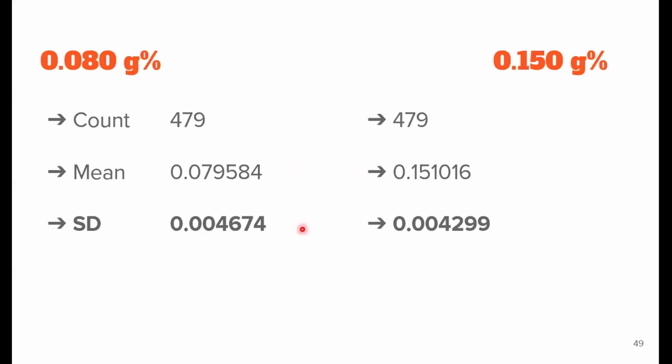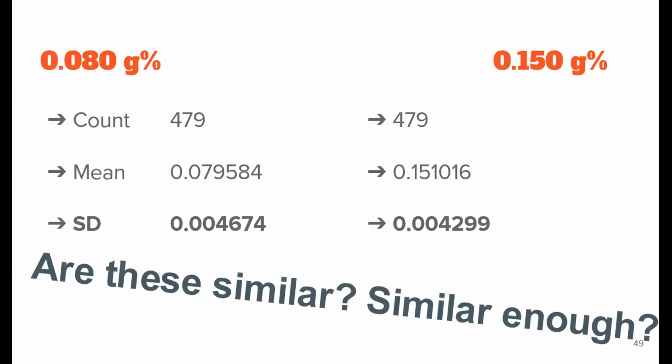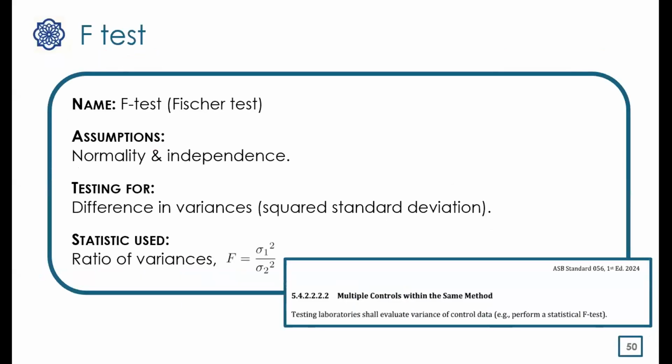What we're interested in is if that standard deviation or the variance is represented or not. And looking at these numbers, it's very hard to tell, is this significantly different or not? And again, we're asking ourselves the question, are they similar enough? So just as in the previous example, we're going to use that F-test again.